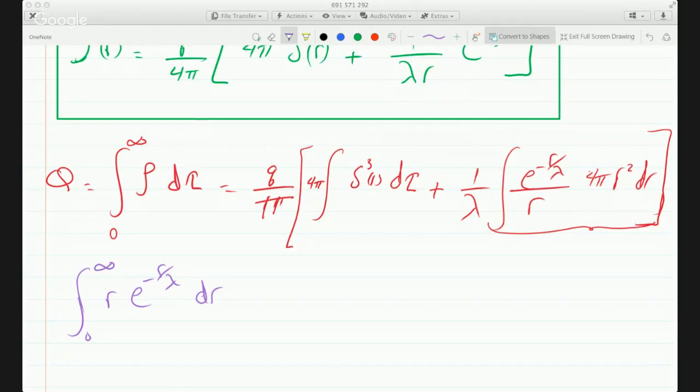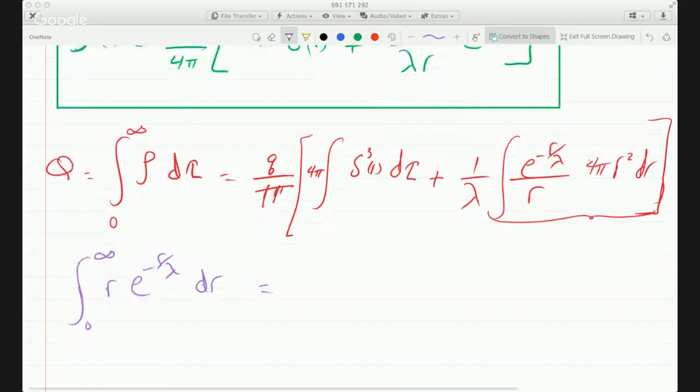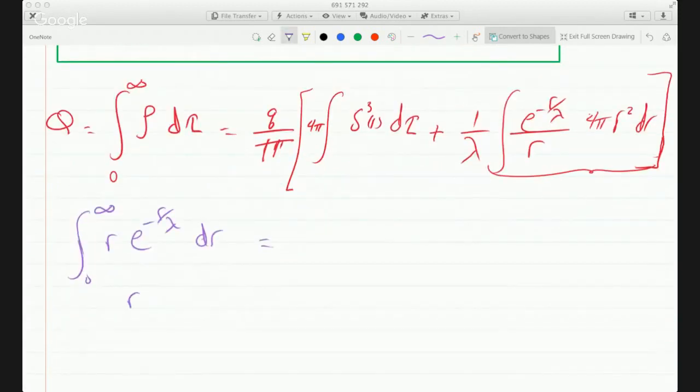Okay, now to evaluate this integral, we could do this by parts. So r is u, and e to the minus r over lambda is dv.